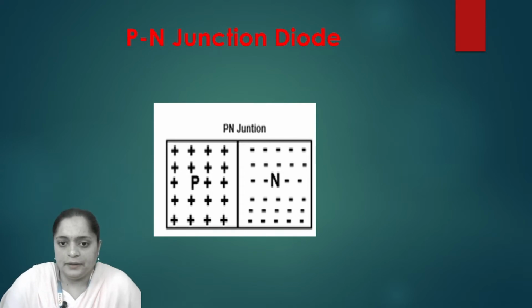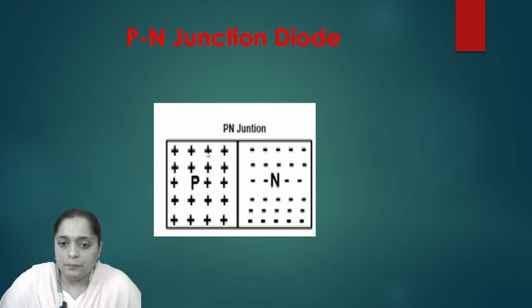The next part is the PN junction diode. When p-type semiconductor material is connected together with n-type semiconductor material, one junction is formed, and that junction is known as a PN junction diode. Here the p-type consists of a large number of holes and the n-type consists of a large number of electrons.